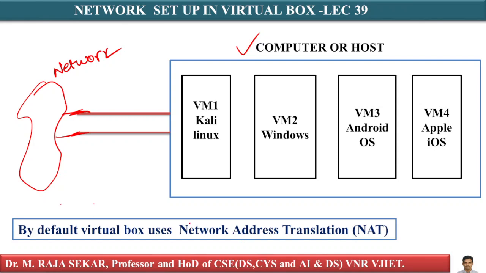Inside each of these virtual machines, there may be multiple applications running, and each of these applications may want to access some resources in the outside world over the network. When these requests are sent out, there will be some kind of address translation mechanism at the boundary. Let me say this is the boundary.